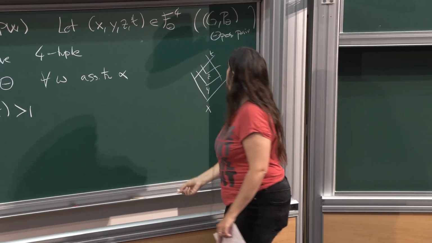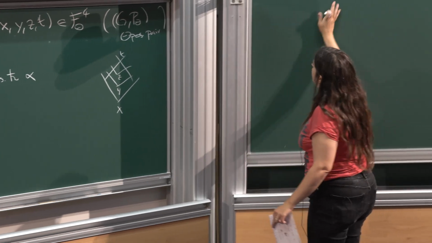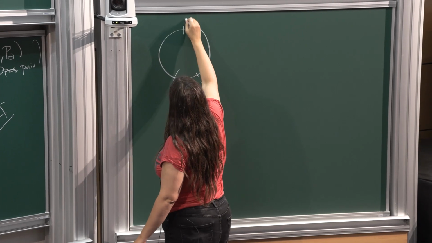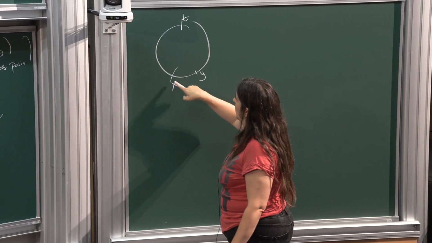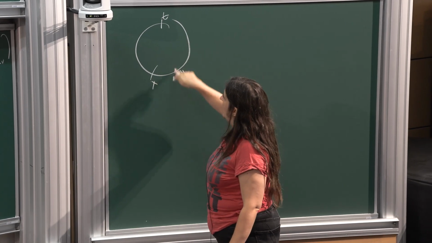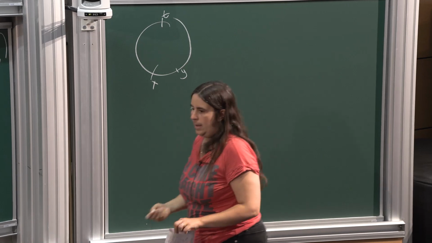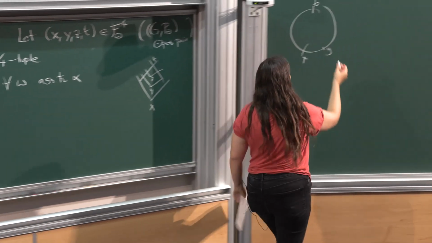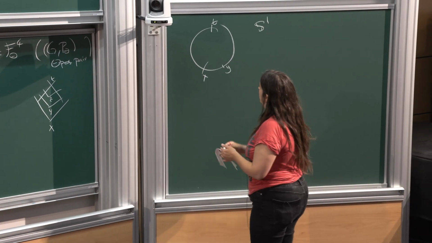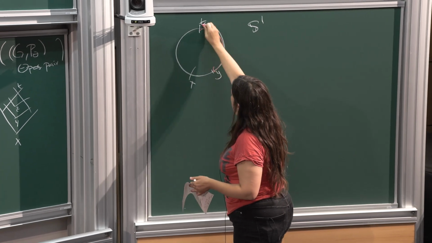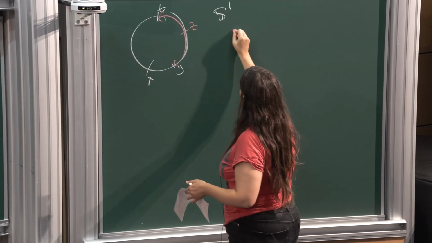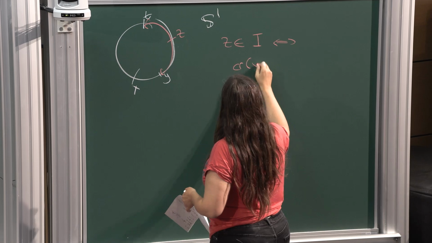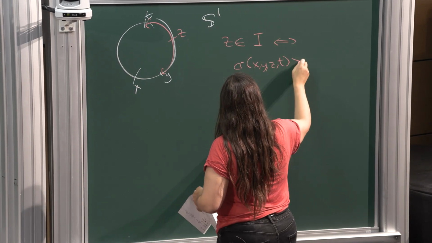So in the circle, for the cross ratio of the circle, if I have x, y, and t a triple in S^1, then having cross ratio bigger than 1 means that my third point lies in this interval. So this z belongs to the red interval if and only if the cross ratio of x, y, z, t is bigger than 1.